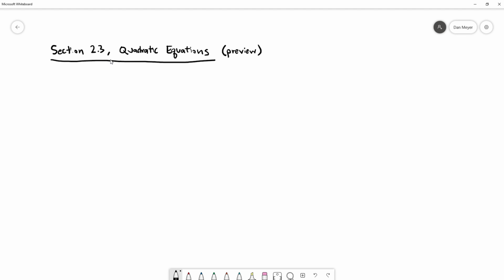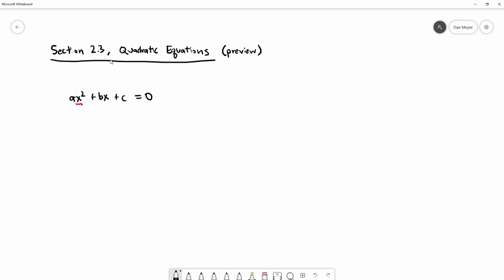Now, the main focus in section 2.1 was on linear equations, as well as rational equations that were equivalent to linear equations. 2.3 is all about quadratic equations. So quadratic equations are equations of the form ax squared plus bx plus c is equal to 0. So there is an x squared term here that we didn't see with the linear equations.